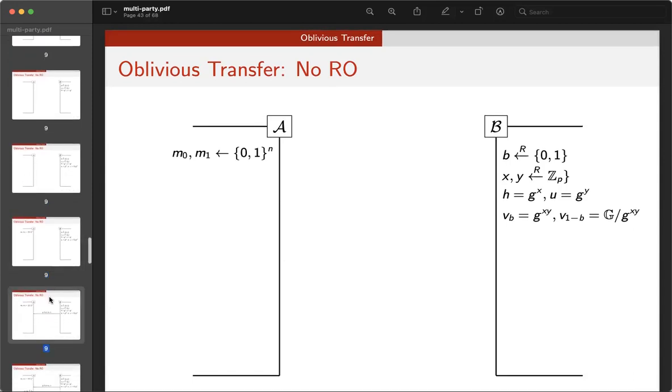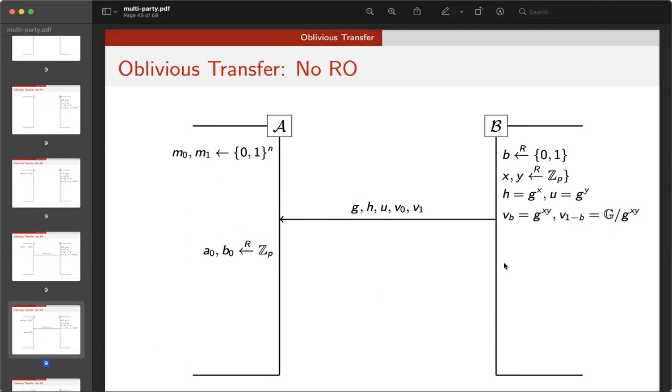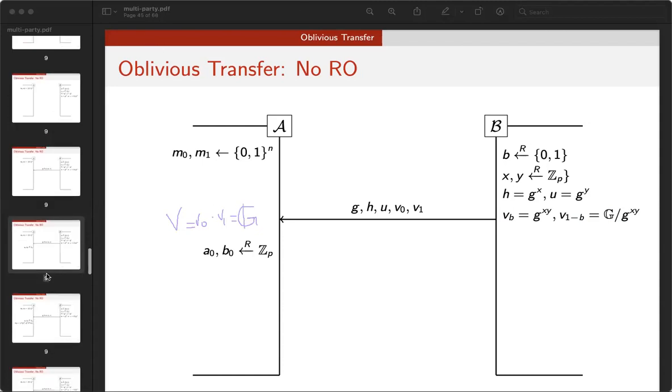Alice at this point samples her 2 messages, and Bob sends over all these parameters. Now, at this point, Alice should also complete that same verification step from before. She needs to verify that V0 times V1 equals G, the magnitude of the group, just to make sure that's being done honestly.